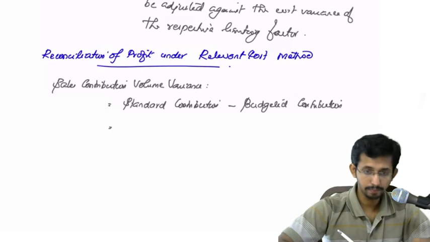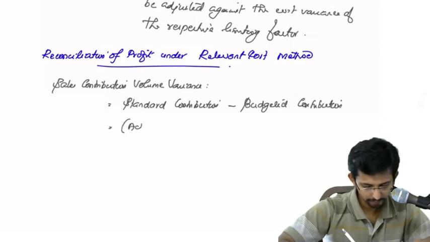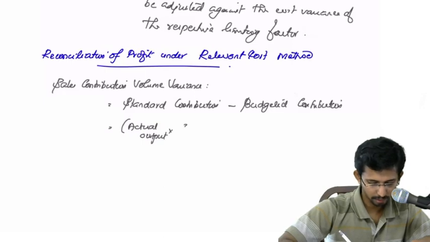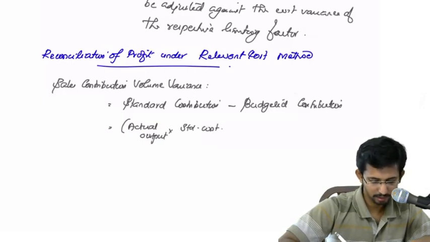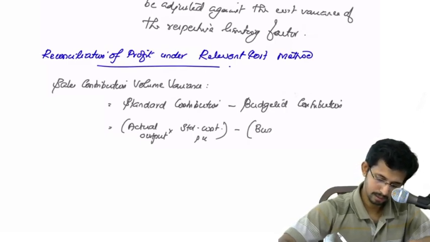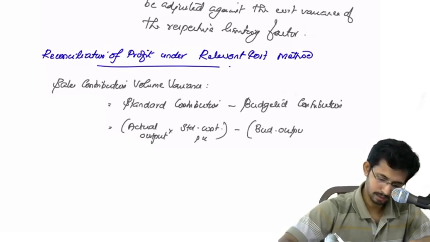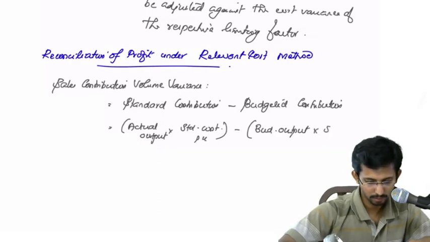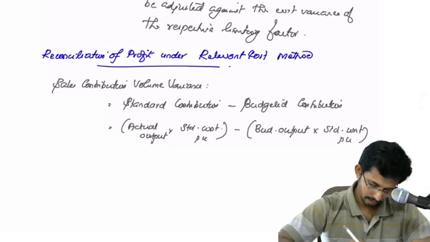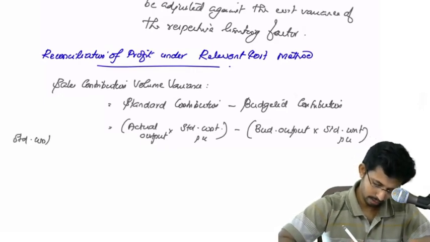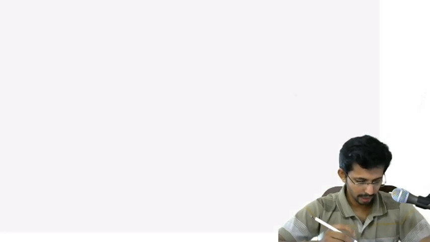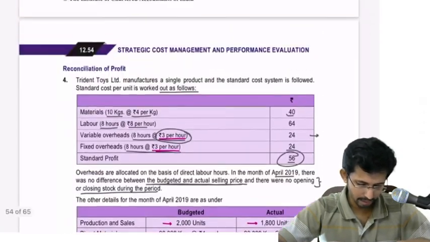This is equal to actual output into standard contribution per unit minus budgeted output into standard contribution per unit. Standard contribution per unit is equal to, you can see this calculation here.